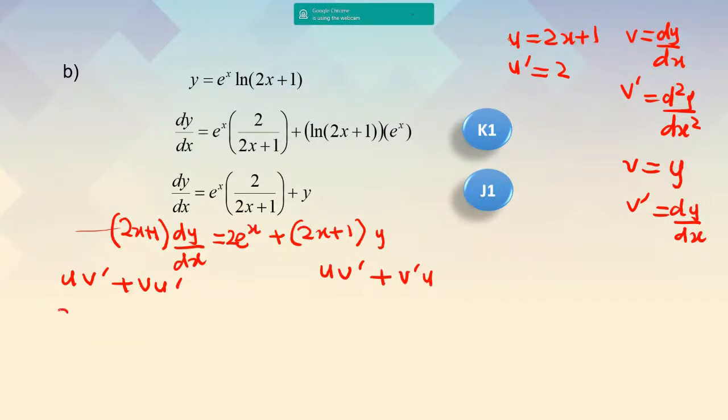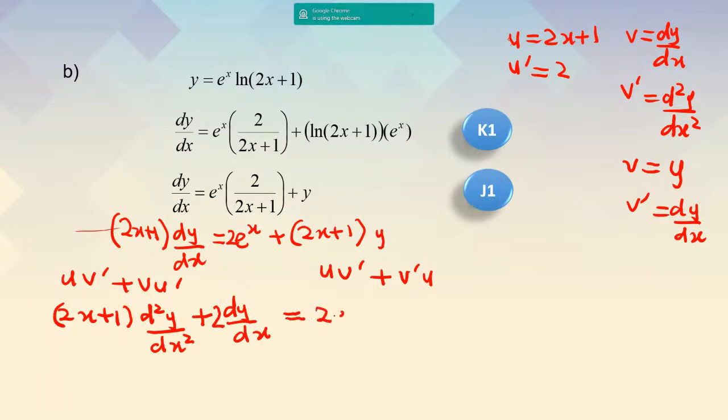So 2x plus 1 multiplied with d square y over dx square, then plus dy over dx times u prime, which is 2, and then right hand side 2e^x.